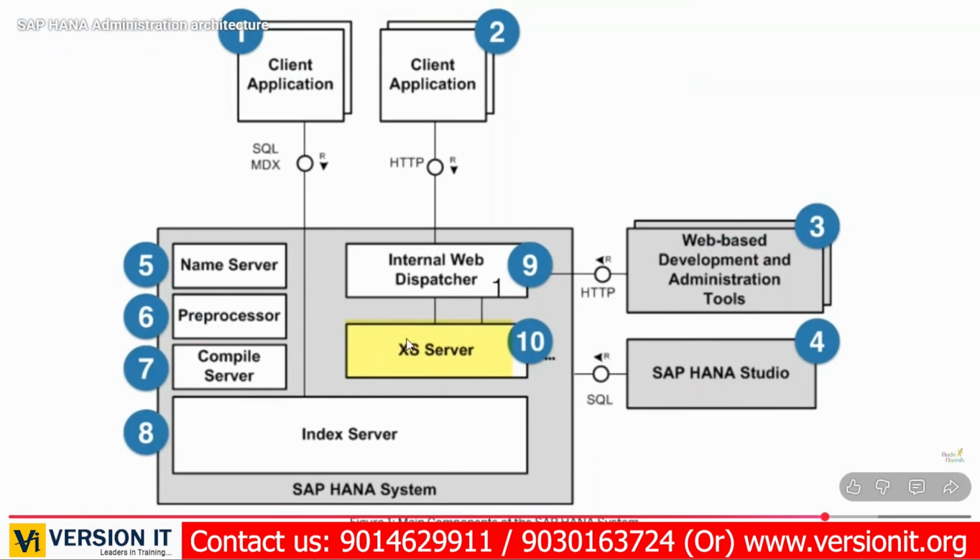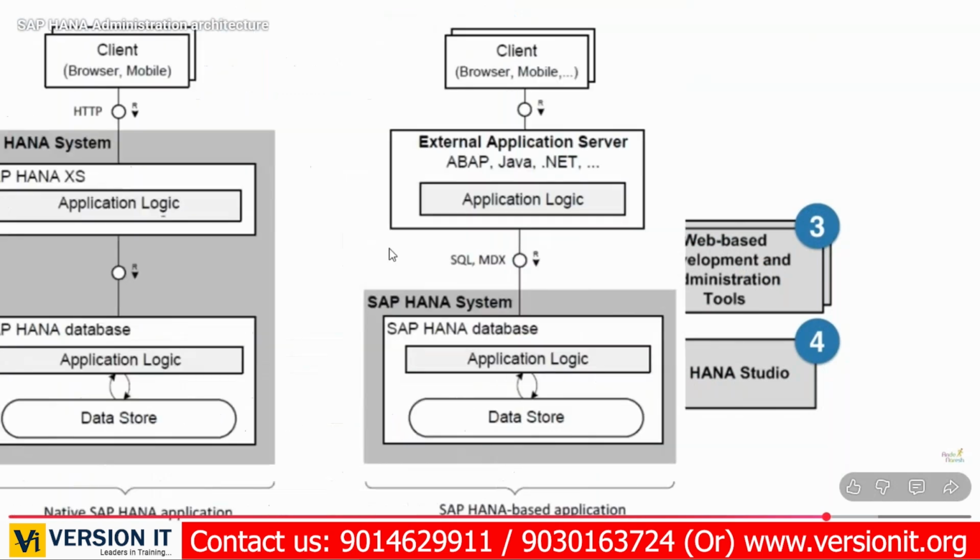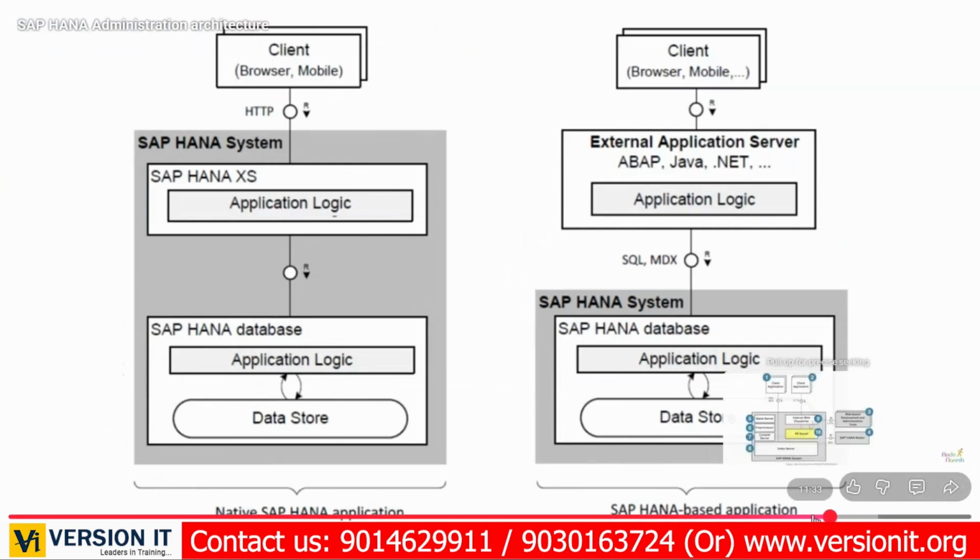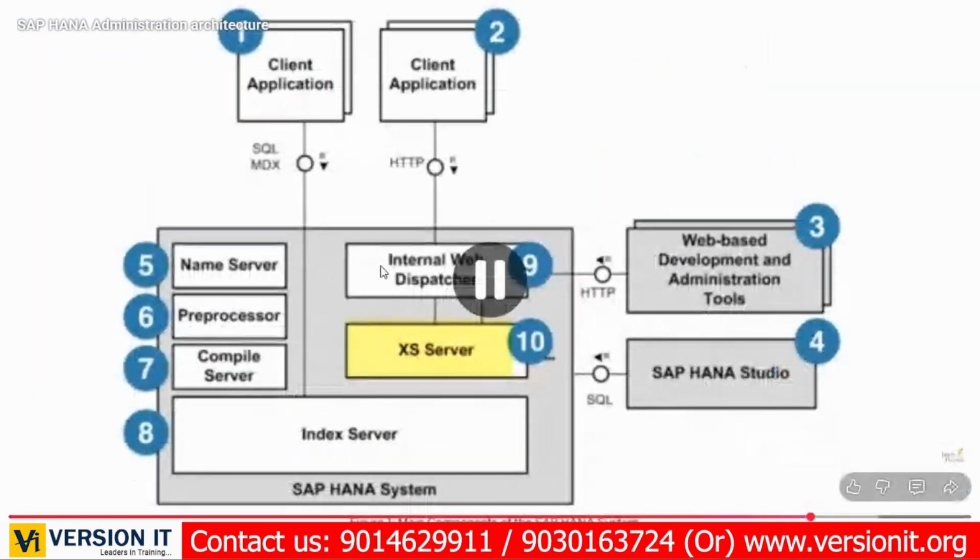So the HANA system comprises how many different servers? Name server, pre-process server, compiler server, index server, internal web dispatcher, and access server. And who are the people going to connect to that HANA system?